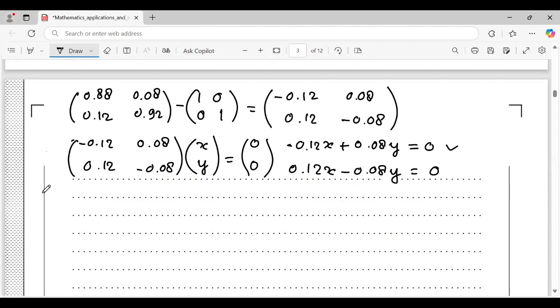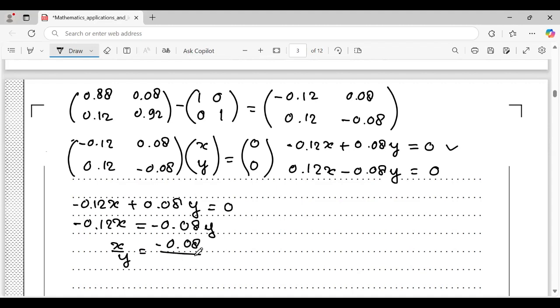And through this equation, minus 0.12x plus 0.08y equals 0, I'm going to set 0.12x equal to 0.08y, and x over y equals 0.08 over 0.12, which is 2/3.